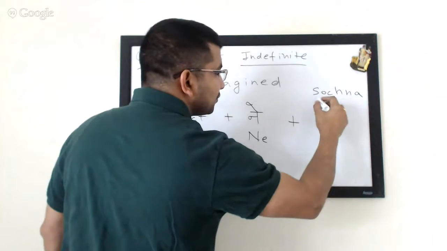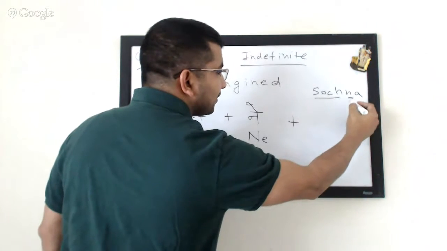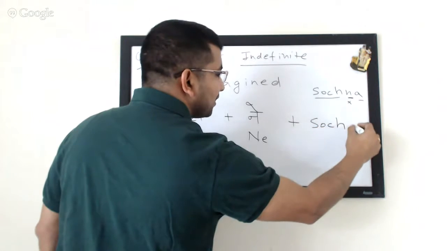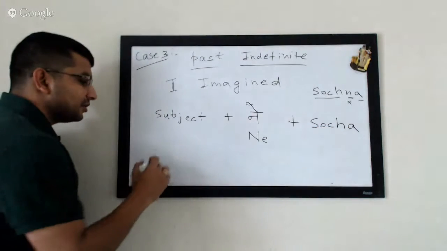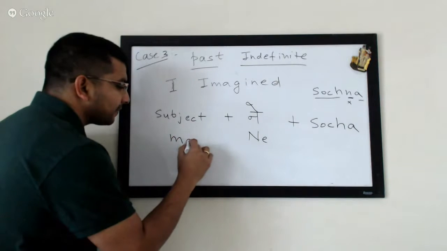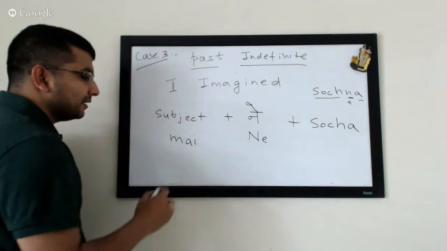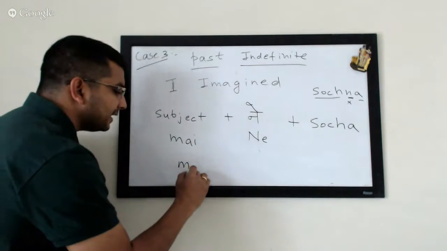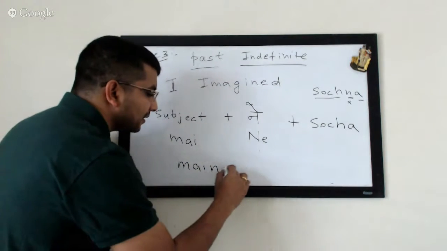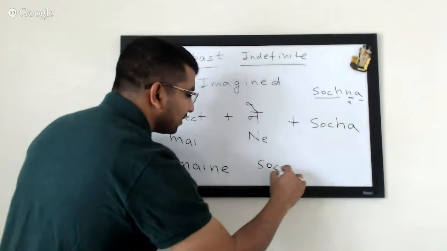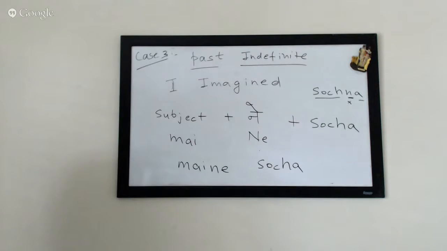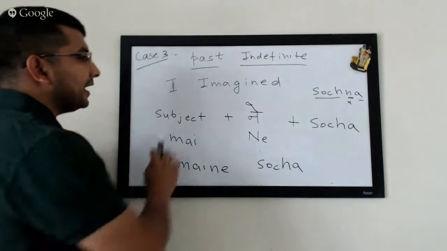You will remove n and simply say socha, right? So you have मैं here, which is your subject, and then ne, and then socha. So it will be मैंने सोचा. मैंने सोचा. I imagined.